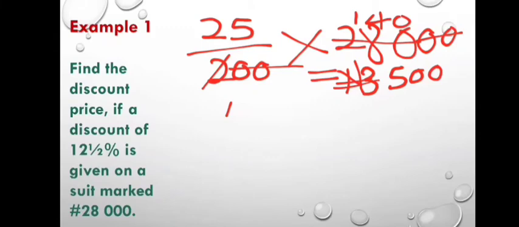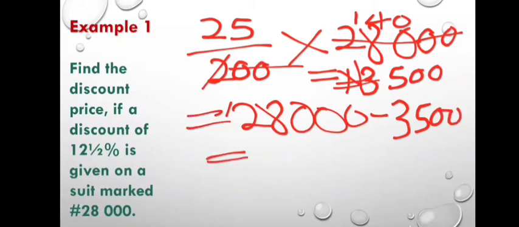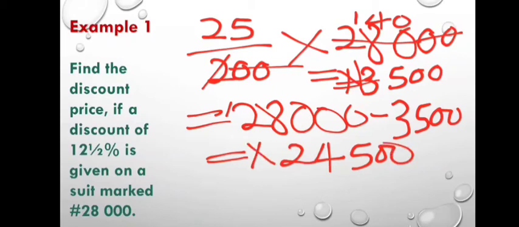So 28,000 minus 3,500 gives us 24,500 naira.